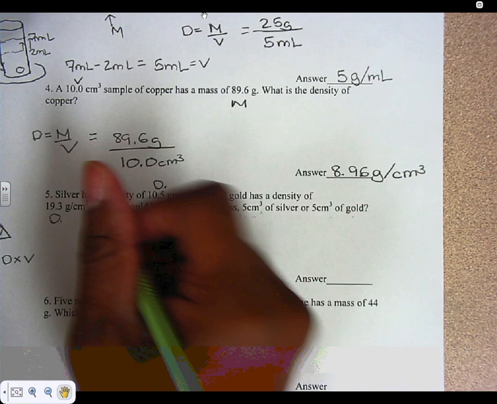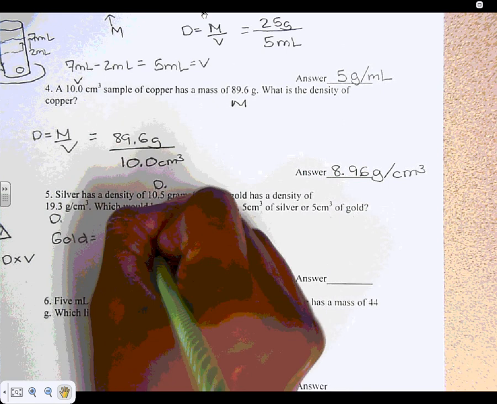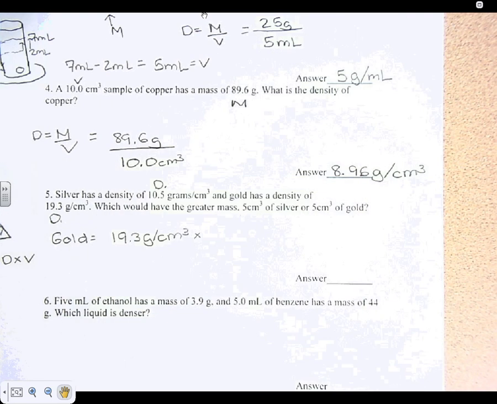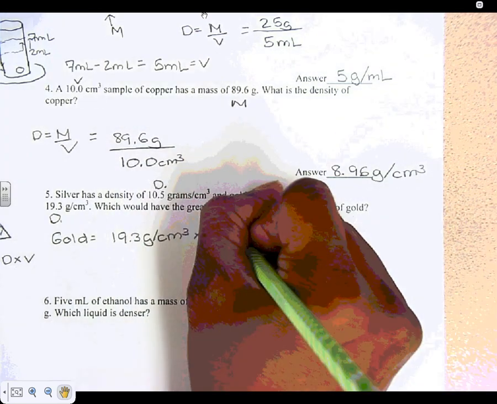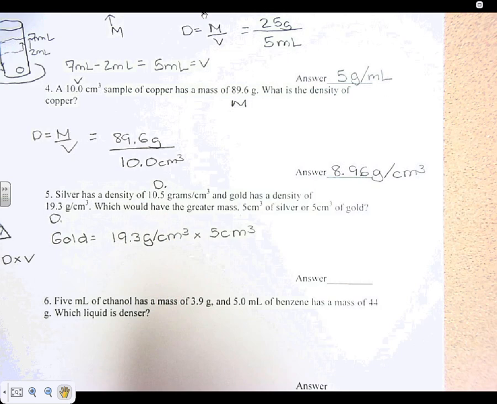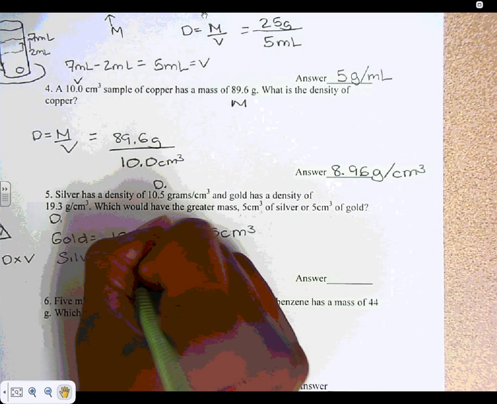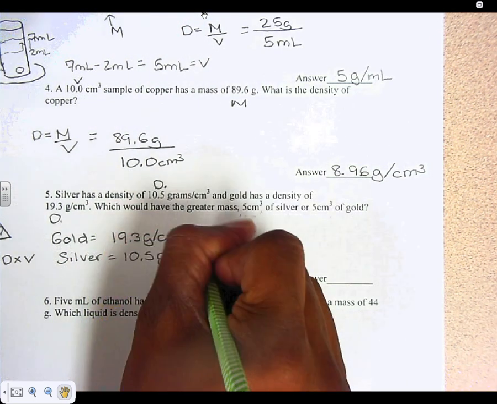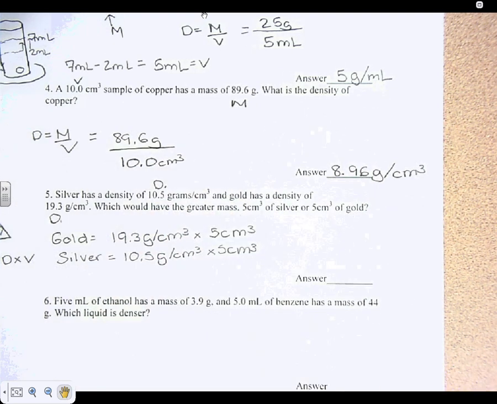Alright, so let's look at that. For gold, we have 19.3 grams per cubic centimeter, and that's being multiplied by 5 cubic centimeters. And we have our silver, which has a lower density. It's a little bit lower. It's 10.5 grams per cubic centimeter, and we're going to multiply that one by 5. Now, I don't know if the math is required.